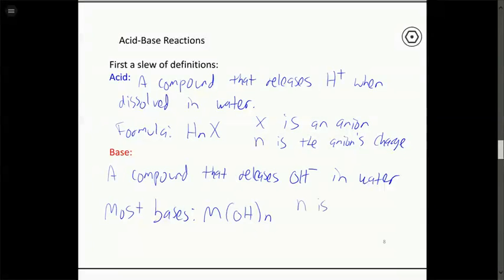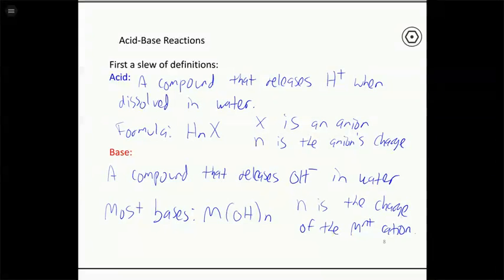So N is the charge of whatever the counter cation is. So a base is basically just a hydroxide salt. It's just a metal paired with hydroxide anions. When you dissolve it in water, provided it's a soluble hydroxide, you release OH- in the solution, and that's how we then categorize it as a base.